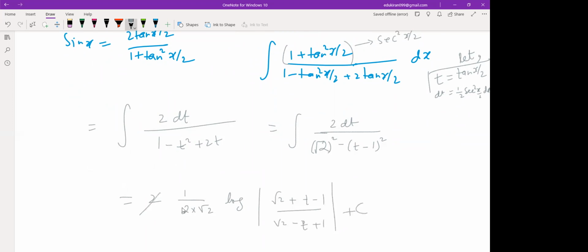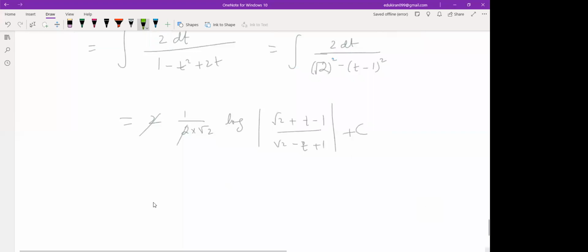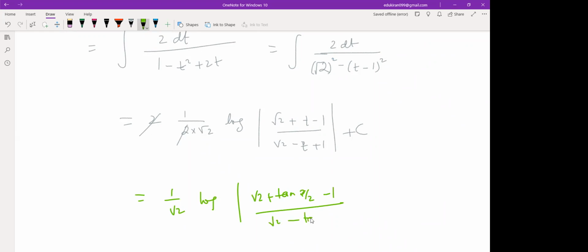Now this 2 and 2 cancels, and you substitute t as tan x by 2, so you get 1 by root 2 log of root 2 plus tan x by 2 minus 1 by root 2 minus tan x by 2 plus 1.